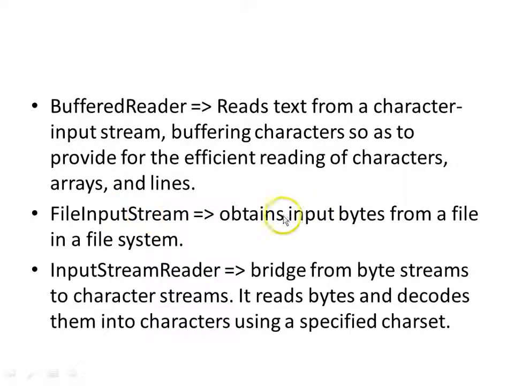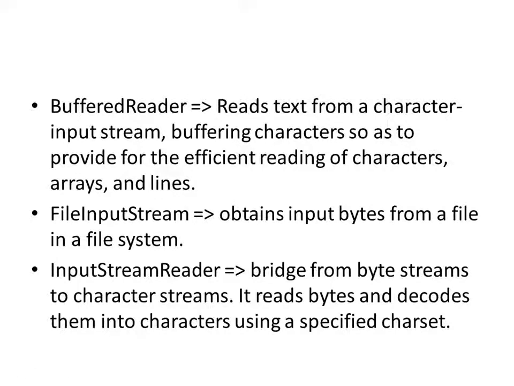The FileInputStream obtains the bytes from a file in a file system, but just raw bytes are useless. Then you use an InputStreamReader, which will convert those byte streams to character streams. It will read the bytes and decode them into characters using a specified character set. Once you have converted them to characters, you want to read that text line by line. So you are reading the text from a character input stream, buffering the characters so that you can read it line by line.